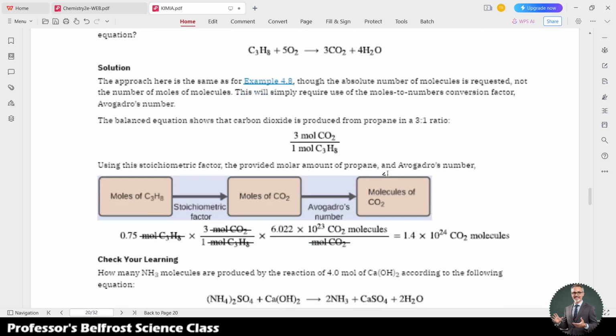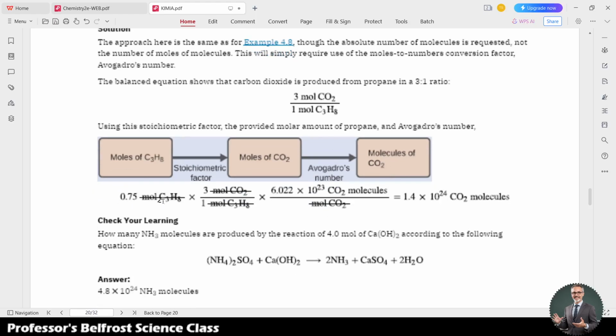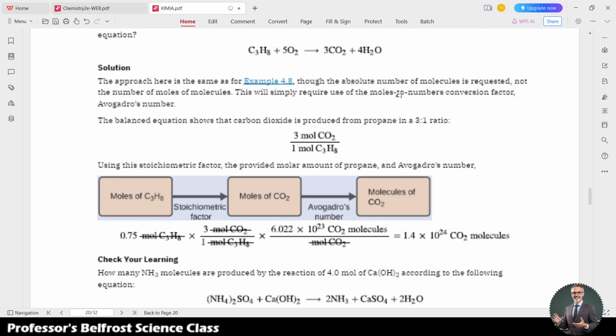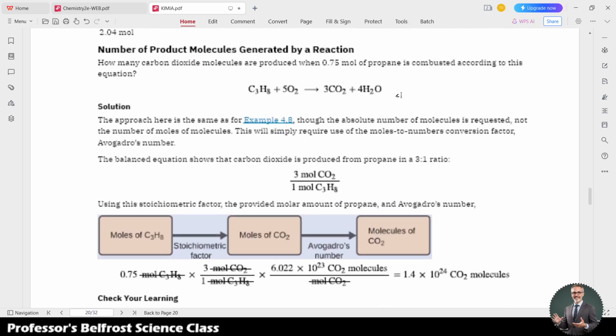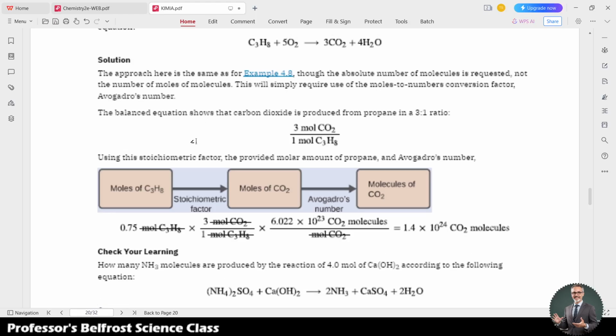Using this stoichiometric factor, we have 0.75 times 3 by 1 first. This is to find how many moles of carbon dioxide are produced.